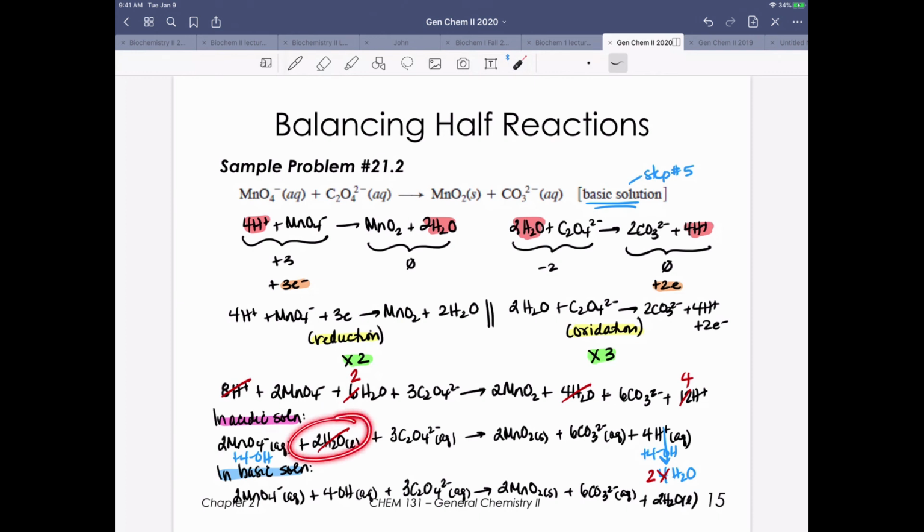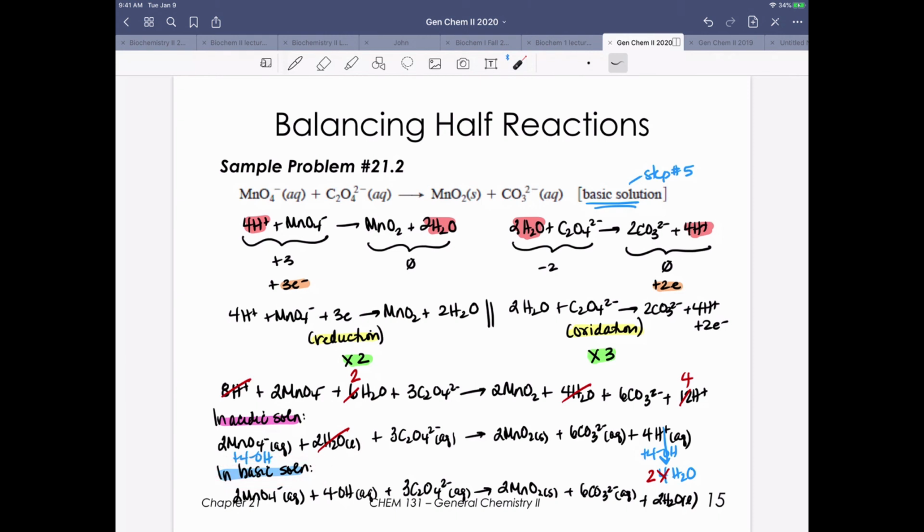So 2 on the left, 4 on the right is going to net us 2 on the right. So now rewriting everything, accounting for the fact that we've added 4 OH minuses to the left, and we have a net now of 2 waters on the right, we get this final balanced chemical equation, balanced now in basic solution.